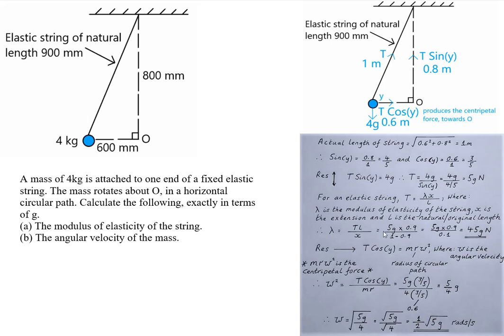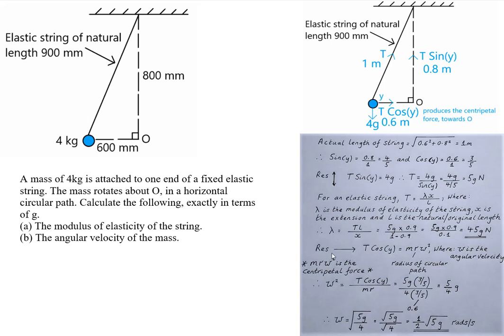Substituting the tension as 5g and the length as 0.9 meters, that's the original or natural length, then the extension will be the actual length of 1 meter take away the natural length, which is 0.9, gives an extension of 0.1 meters. Dividing 0.9 by 0.1 gives 9, and 9 5s are 45. So the actual modulus of elasticity of the string is 45g newtons.